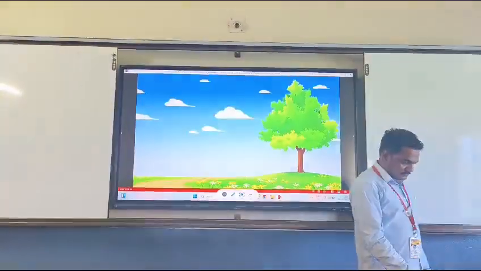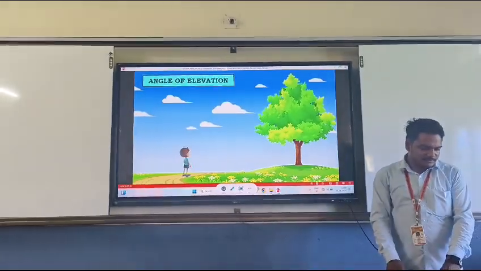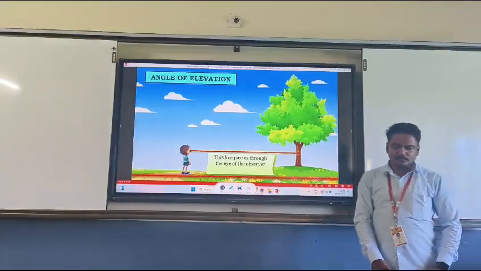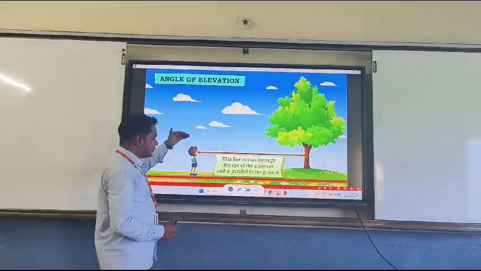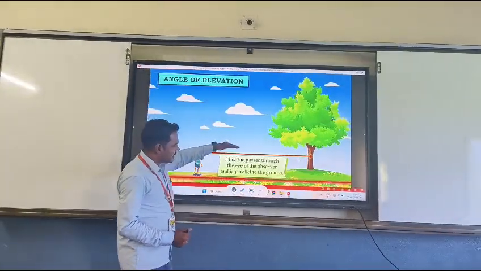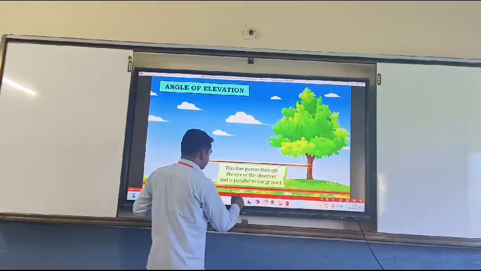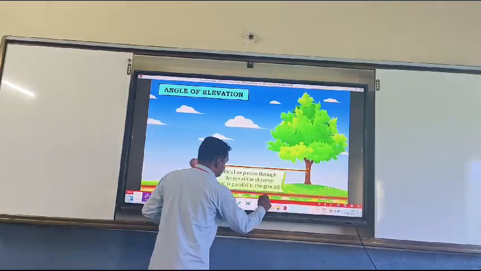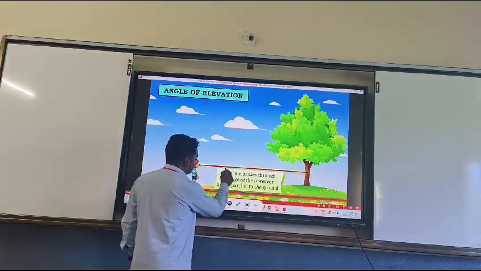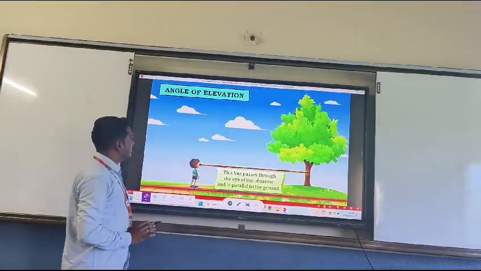Then the next one, what is the angle of elevation? Look at here, as I told you, if we draw a line, that line is parallel to the ground. This is the ground, and here this line is exactly parallel to the ground.